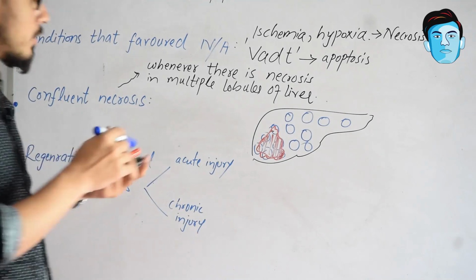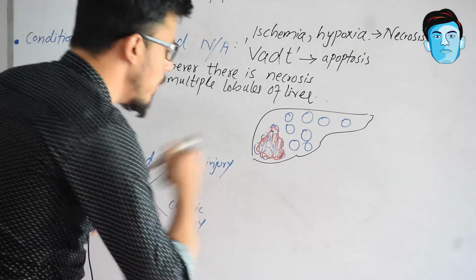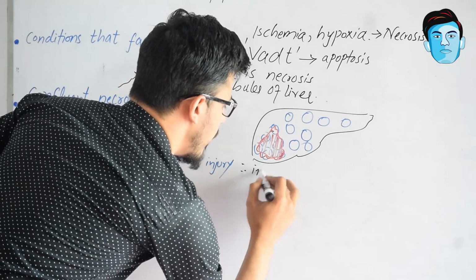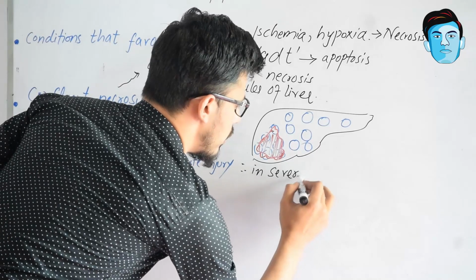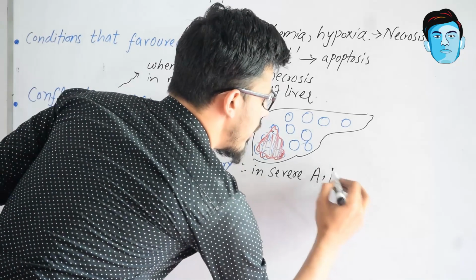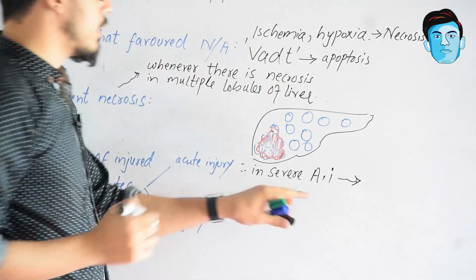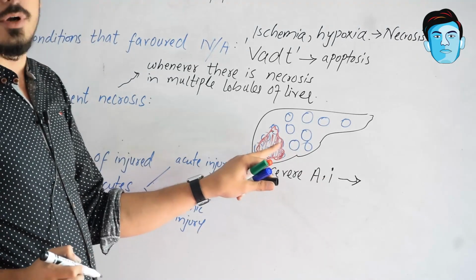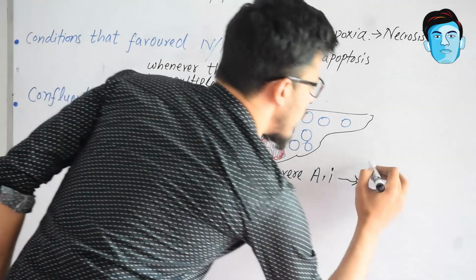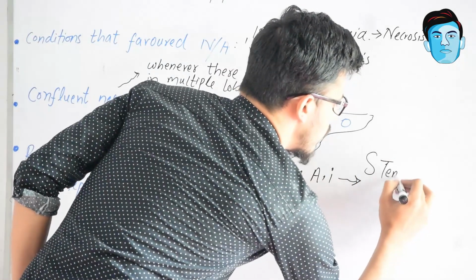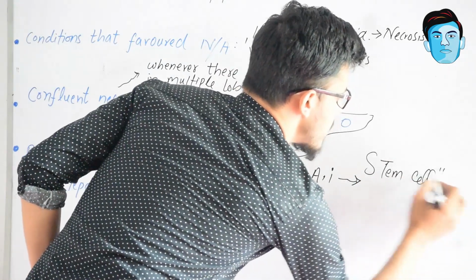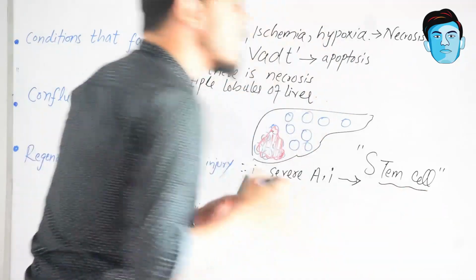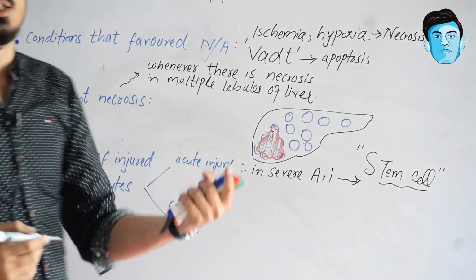But what happens in severe acute injury? What are the cells responsible for replicating and replacing the injured hepatocytes? That is the stem cell. What are stem cells? Stem cells are not specialized cells, but they have the capacity to make any cell of the body.